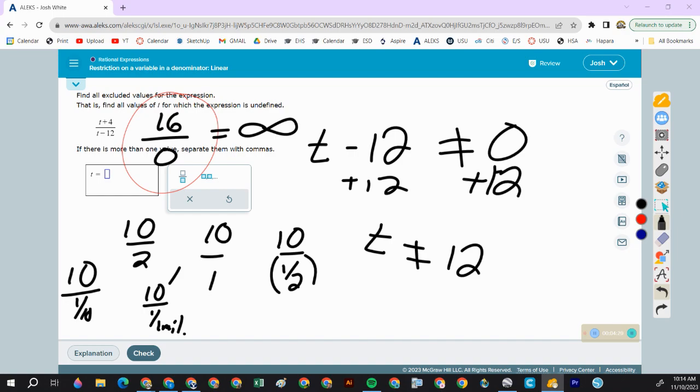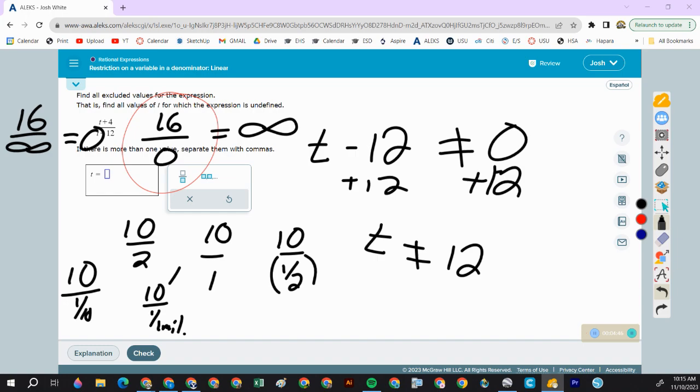So 16 divided by 0 is infinity. So here's an interesting way to look at it. What is 16 divided by infinity? So you take a 16-inch string and you cut it into an infinite number of pieces. How long is each piece? 0. That's cool.